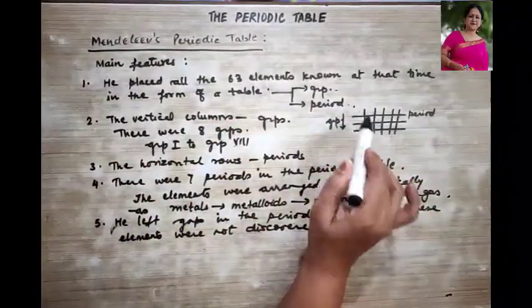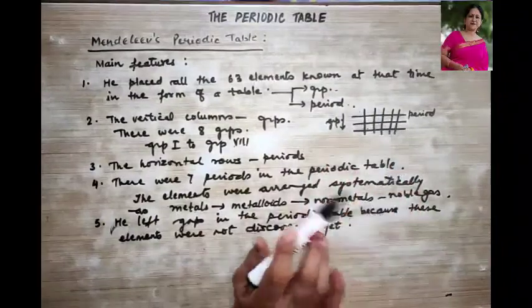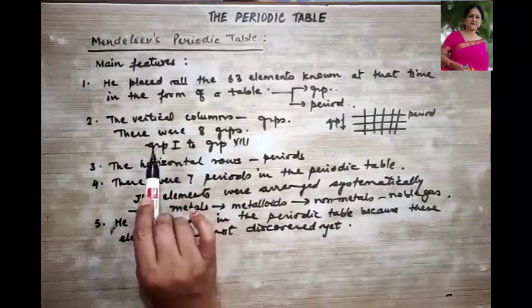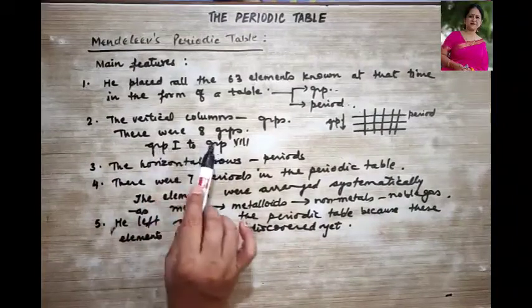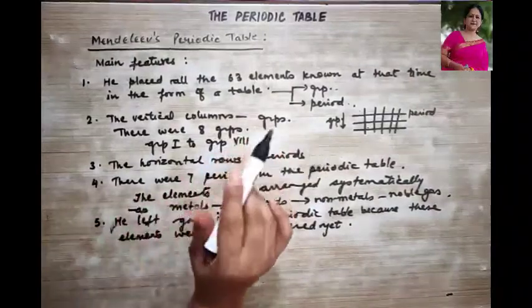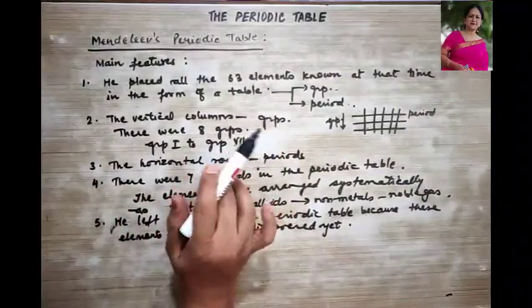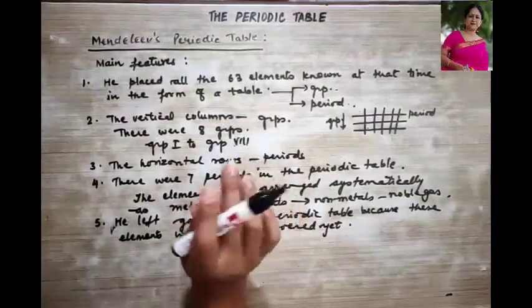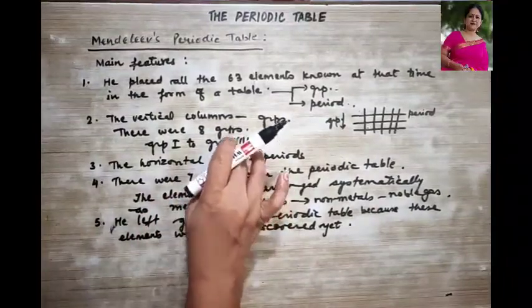That is, when we move from top to bottom, they are termed as groups. How many groups are there? 1 to 8, whereas the 1 to 7 are subdivided into subgroups, and group 8 has 3 columns which contain elements having similar properties.